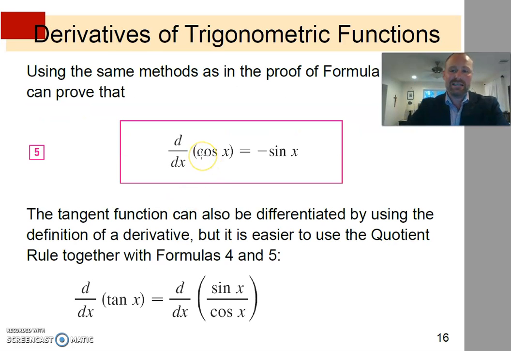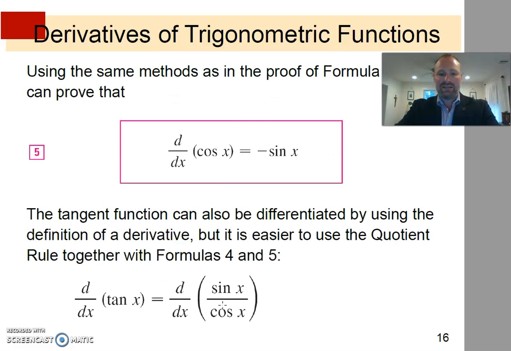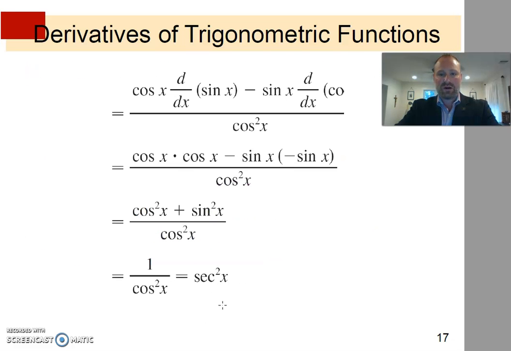Another one, we have d dx, the derivative of the cosine of x equals the negative sine of x, right? And we can apply that in the same way. We also have the derivative of the tangent of x equals the derivative of the sine over the cosine, right? We know that's true because the tangent of x does in fact equal the sine over the cosine of x. And then we can go apply it to this particular problem here.